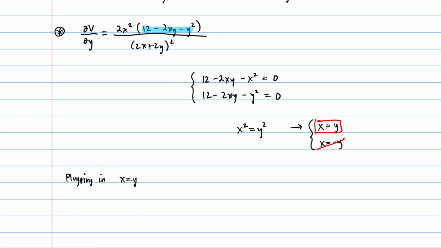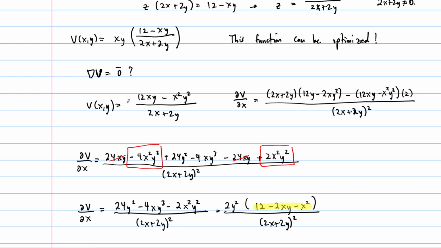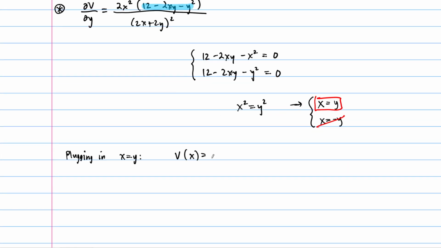Plugging in x equals y, we obtain that our function v of x is now equal to x squared times 12 minus x squared over 4x, right? And so with a little reduction here, this one's just going to give us 3x minus x cubed over 4. All right. And so at this point, we can just optimize this function using our regular calc 1.